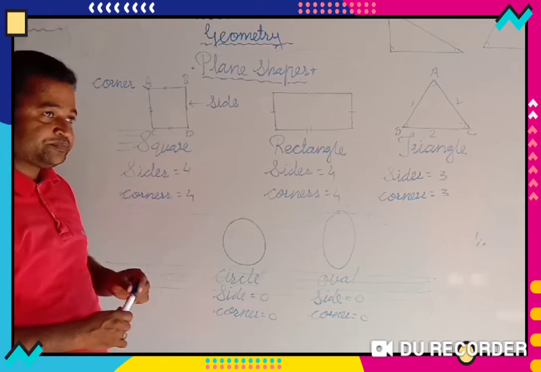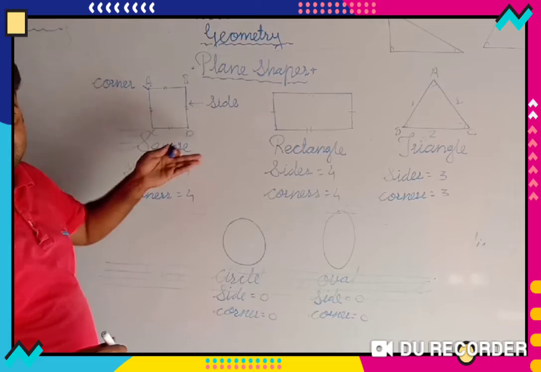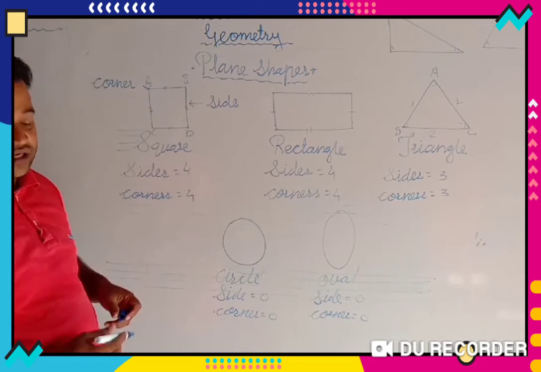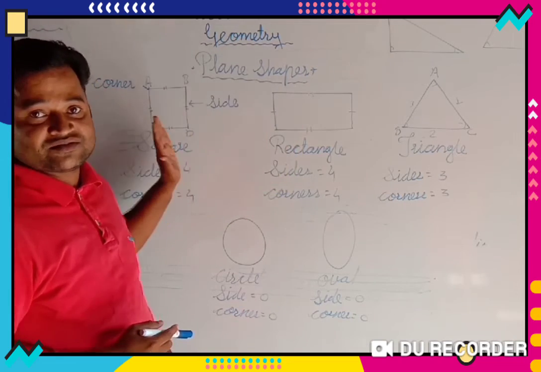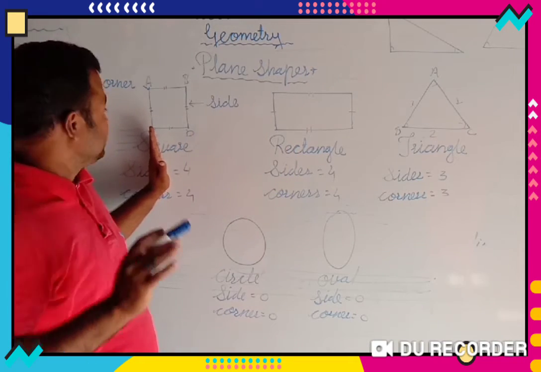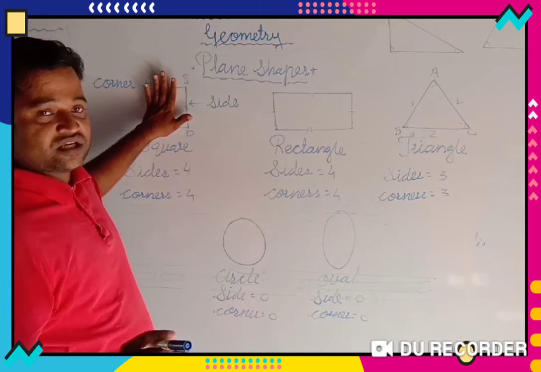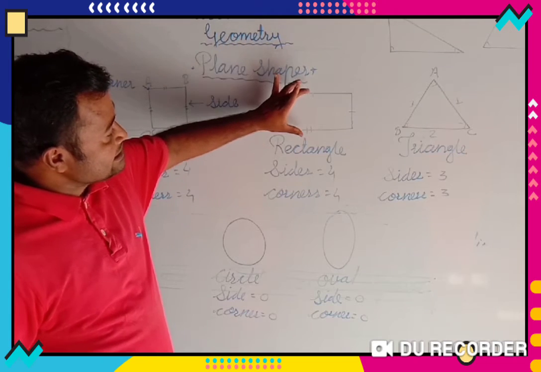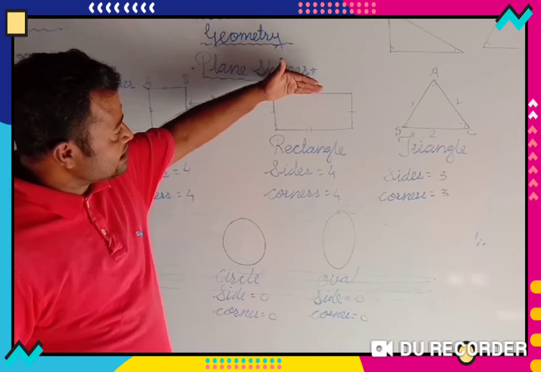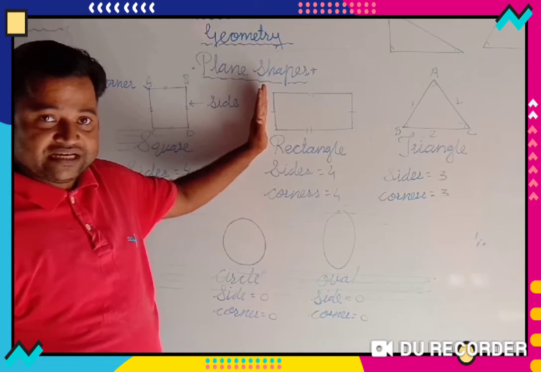And if you want to name the corners, you can write A, B, C and D. These are the four corners of a square. The number of sides and corners is the same in a rectangle, but the only difference is that in a square all four sides are equal, while in a rectangle opposite sides are equal. This side is equal to this side and this side is equal to this side.